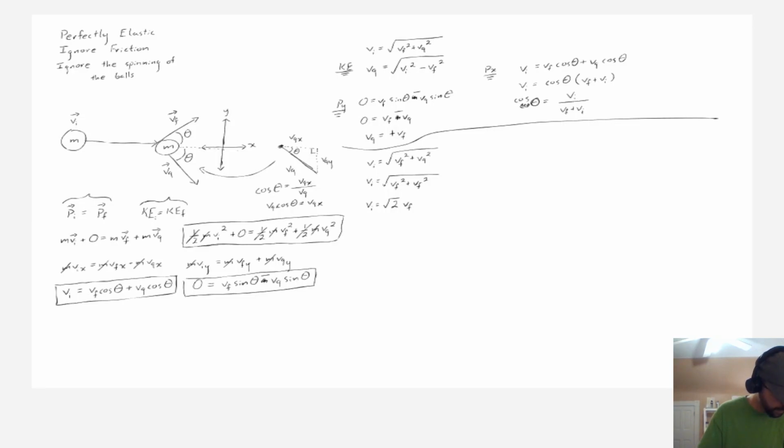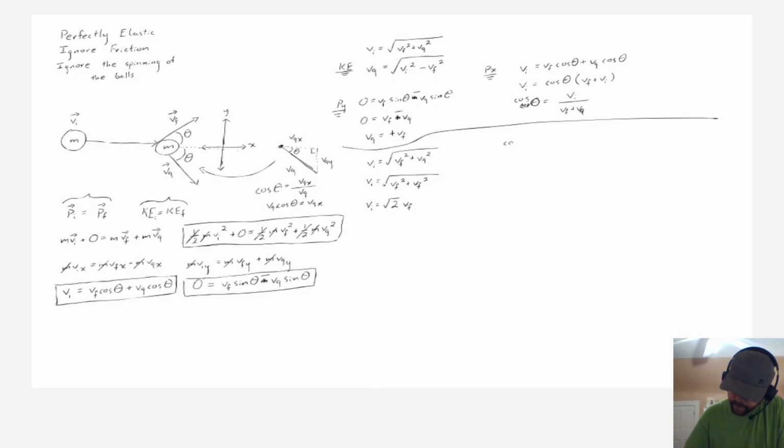Why is it minus? No, it's a plus sign. I wrote it wrong in my notes. Okay, so cosine of theta. This right here should be a velocity of 9. That's really sloppy, so I will just rewrite it.